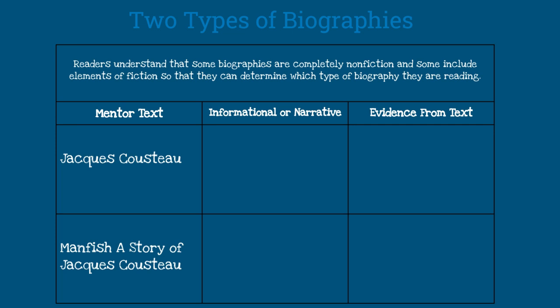It should be pretty easy to see which one's informational and which one's narrative. The part that will help you decide, other than just the titles, is evidence from the text. So if you think one is informational, tell me why it's informational. If you think it's narrative, tell me why it's narrative.